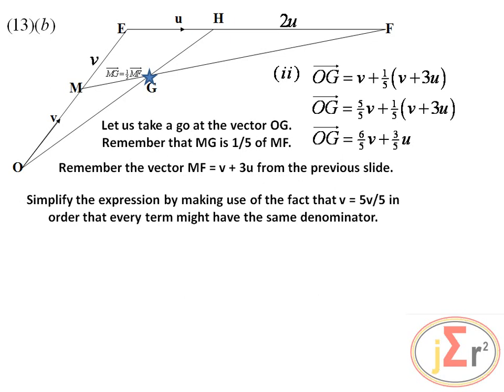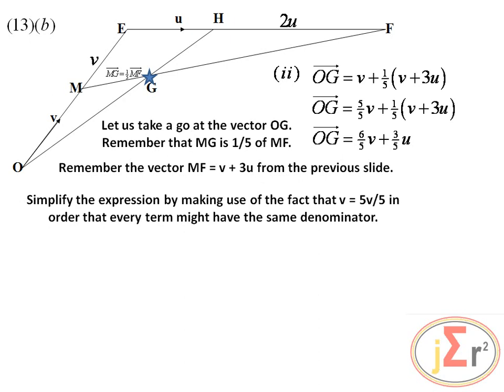Since we have 6V here, when we take out a common factor of 3/5, 3 into 6 is 2, and 3 into 3 is 1.